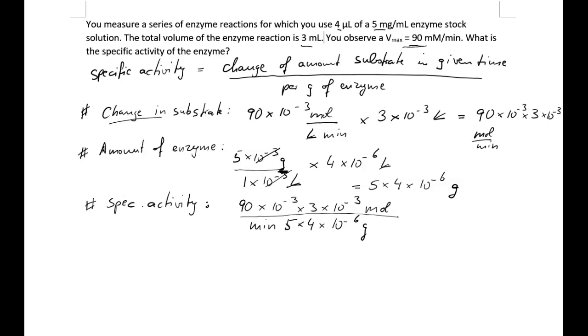Now 10 to the minus 3 times 10 to the minus 3 gives me 10 to the minus 6, and that cancels out quite nicely here.